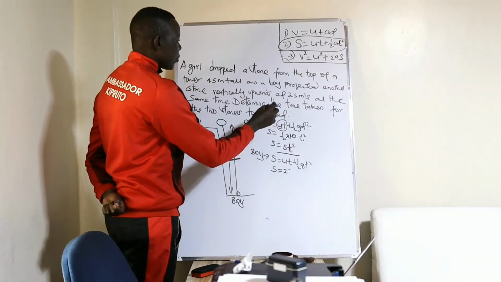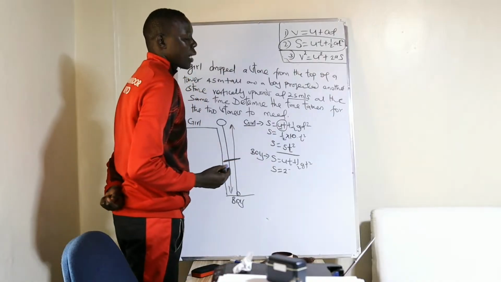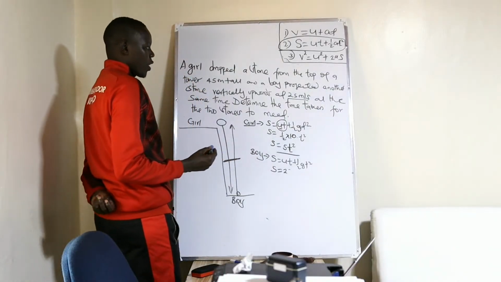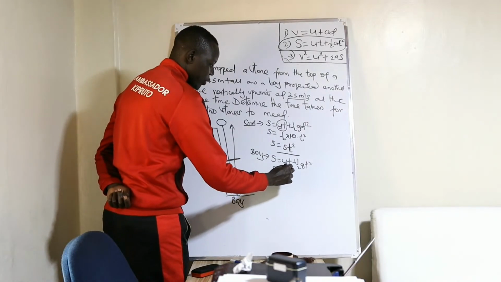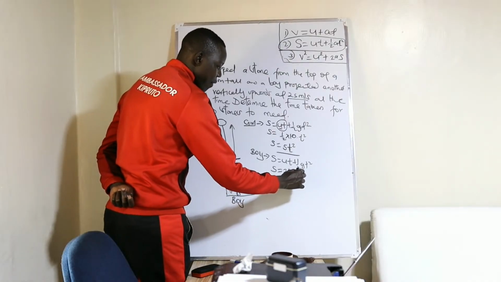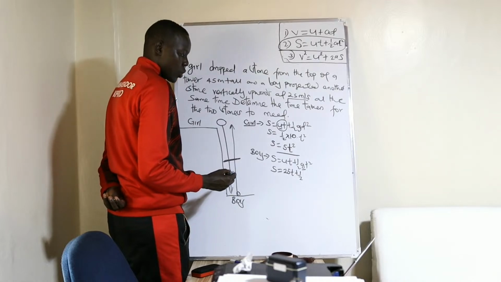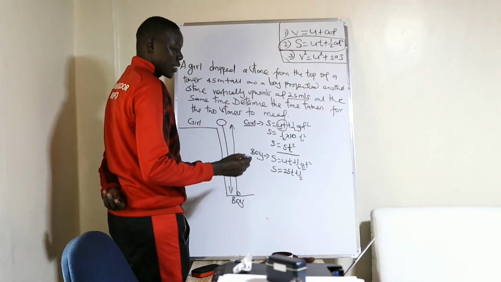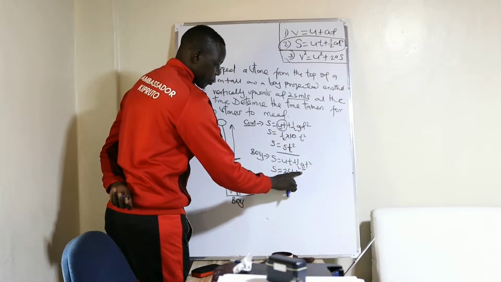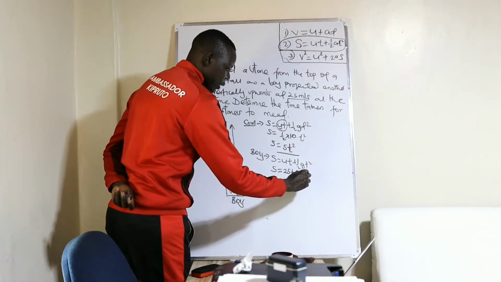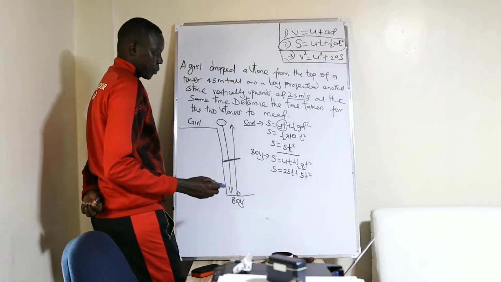Pale tumeambiwa kwa hii swali, the initial velocity ya stone projected by the boy was 25 meters per second. So 25t plus a half, g ni 10, so a half times 10 times t squared, which is 5t squared.